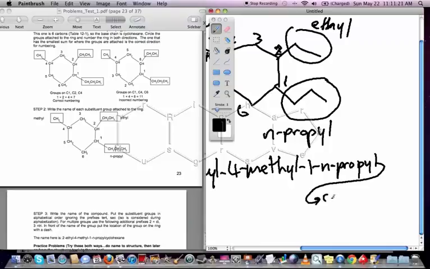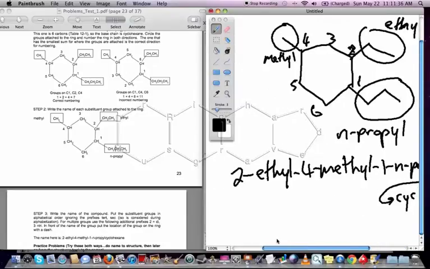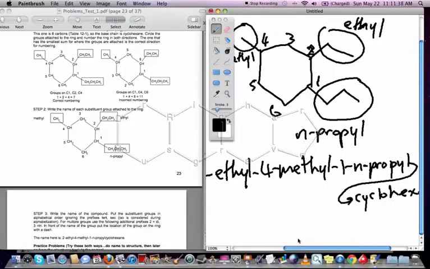All of this would still be one word. Alright, there's no space between the N-propyl and the cyclohexane. But again, notice the formatting with the dashes in between the numbers and the letters in the name, and no space between the propyl and the cyclohexane.